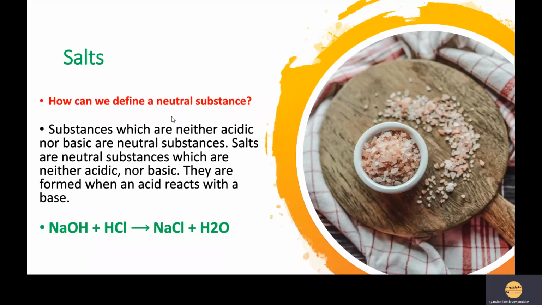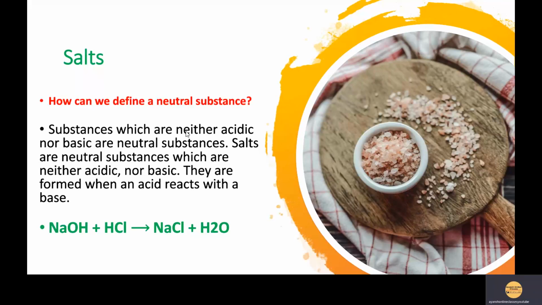Acids have a pH less than 7, and bases have a pH more than 7. But if you have a substance which is neither acidic nor basic, how are you going to define it? Now see, the substances which are neither acidic nor basic are neutral substances.